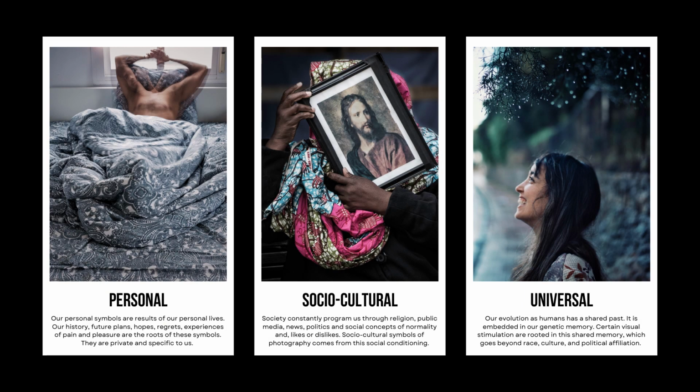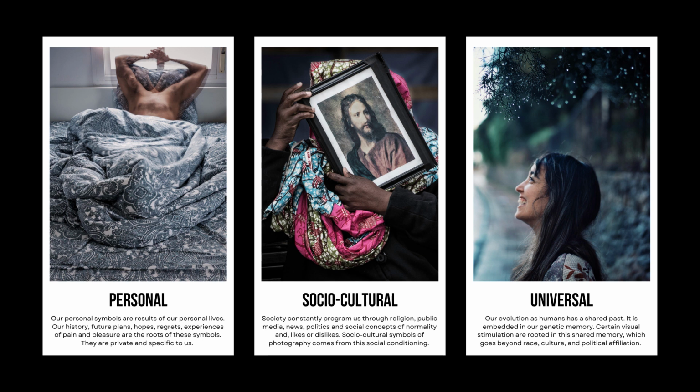That means we start to do storytelling through our photos, and we start to reach the emotional or the rational side of the viewers and have an interaction in the visual language. That's how we visually communicate. So what are these symbols? Well, a symbol can be personal.